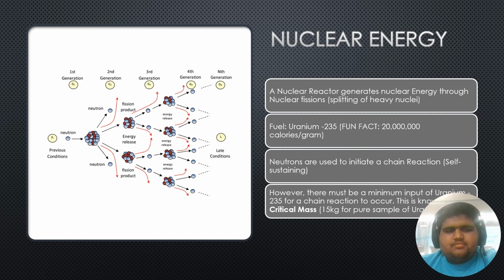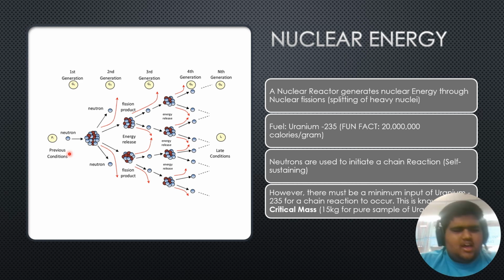And this turns into a chain reaction as you can see here. And so this is why it's self-sustaining. It lasts for a really long time as you start with a small quantity of uranium 235 and that produces an immense amount of energy.